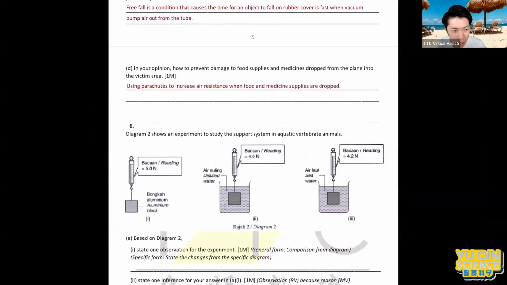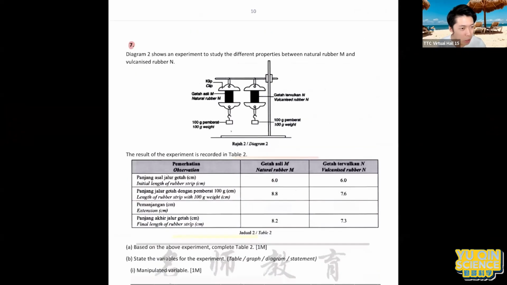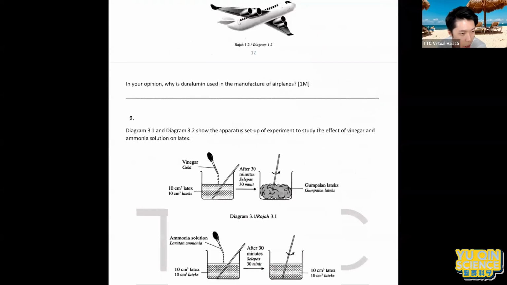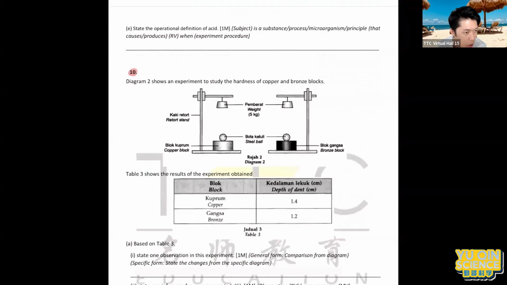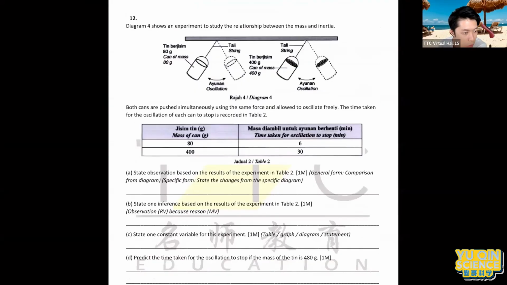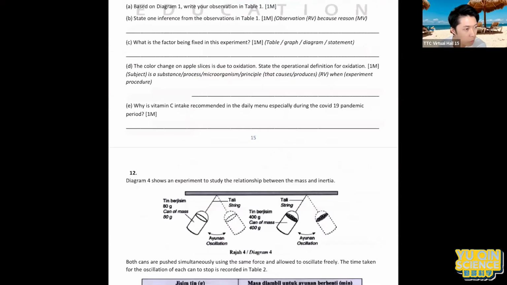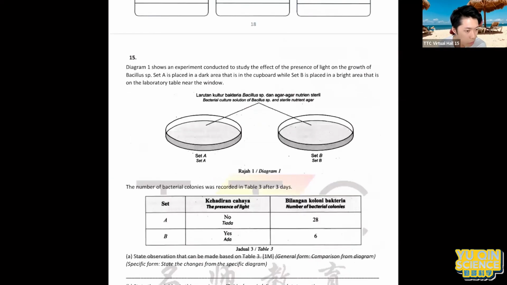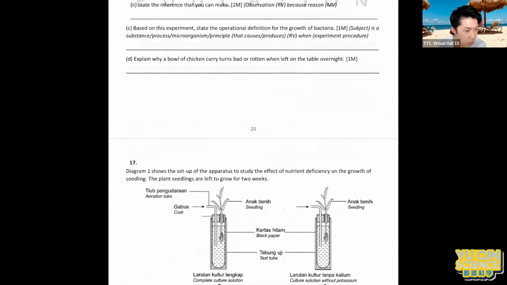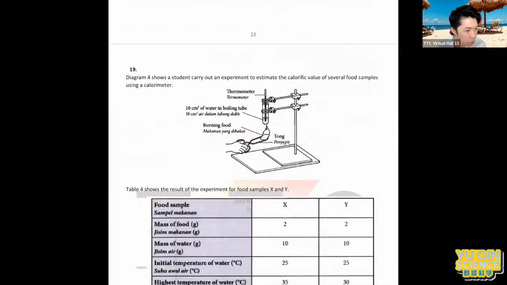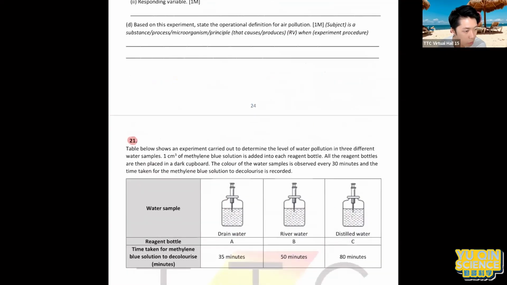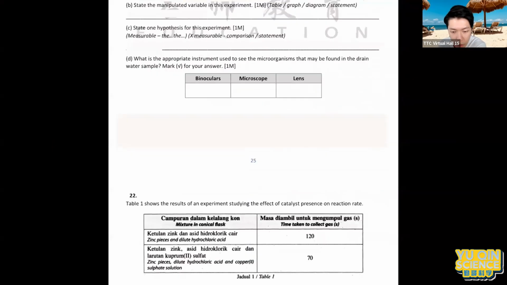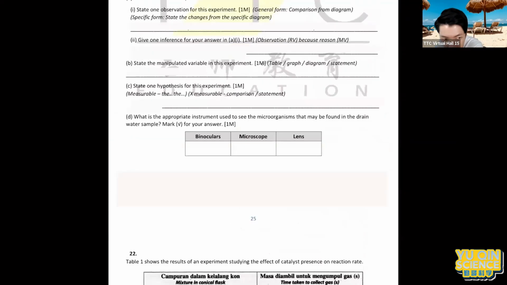Okay, let's go to the next question. Let me see. You wait for me. I'll jump to the correct question that I want to do. Page 25, my friends.